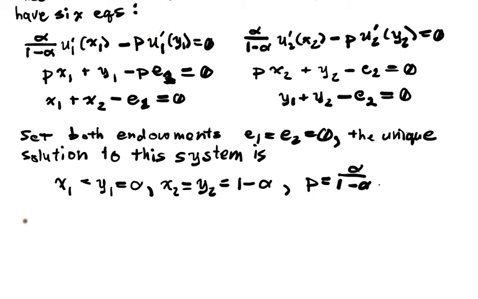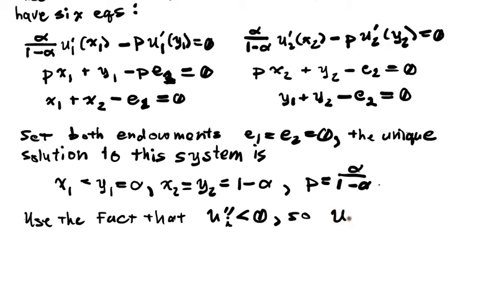But the fact is, we use the fact that u double prime of i is less than 0, and so ui prime is monotonically decreasing.